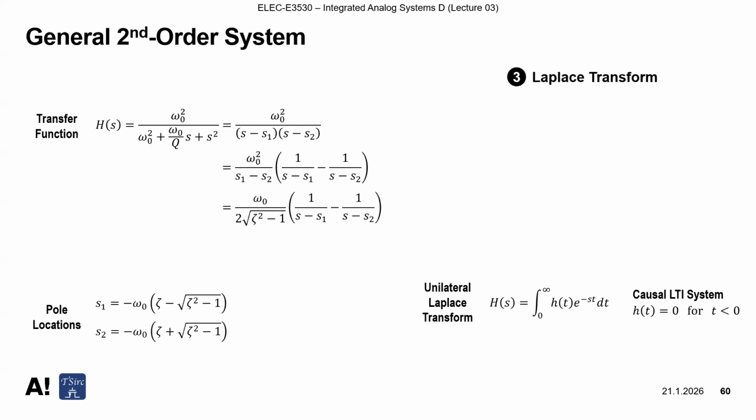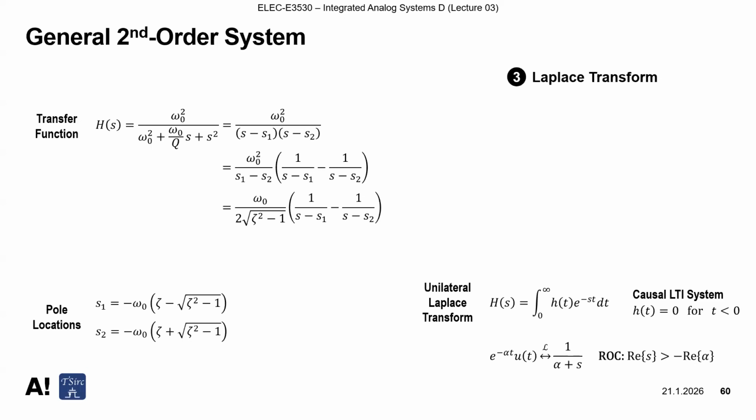As a reminder of what we discussed last time, at lecture 2, our unilateral Laplace transform looks like this for the causal LTI system, where h(t) is equal to 0 for negative t. So we are only thinking about positive t for the causal LTI system, and we call this a unilateral Laplace transform.